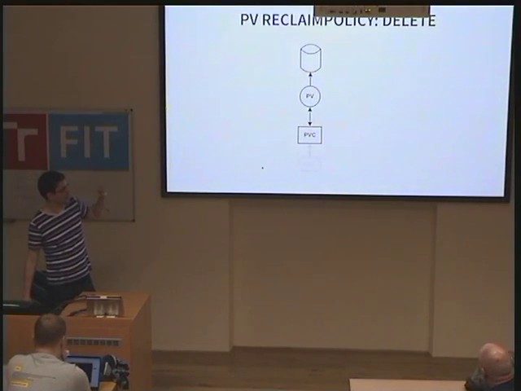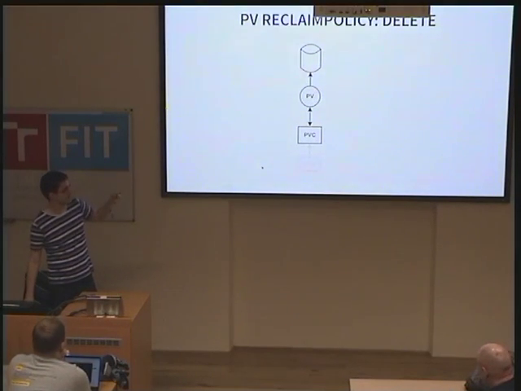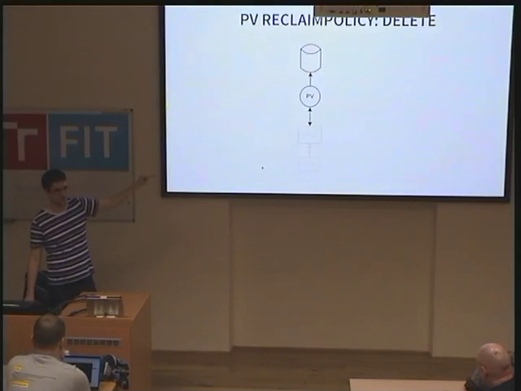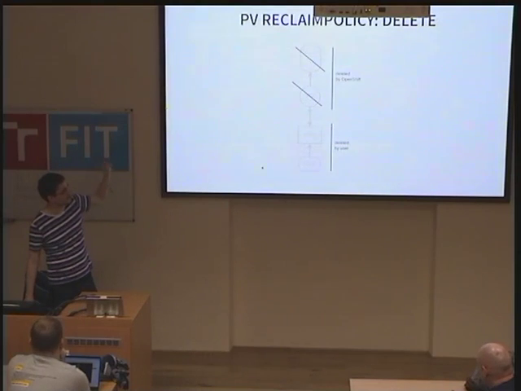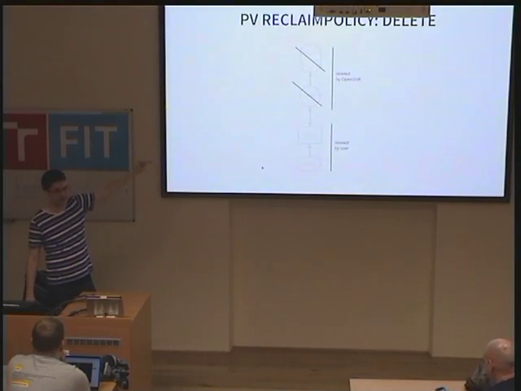The way the user says that he doesn't need the data is that he deletes the claim. When you delete the claim as a user, you say you don't need the data. And if the reclaim policy is delete, then OpenShift will delete the volume and will delete the persistent volume in OpenShift. And you can't get the data anymore. So please don't delete your claims unless you really know what you are doing.